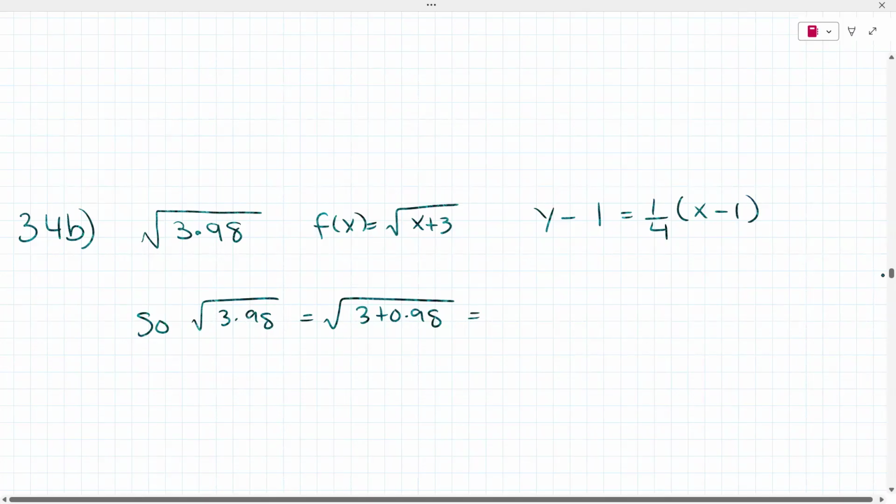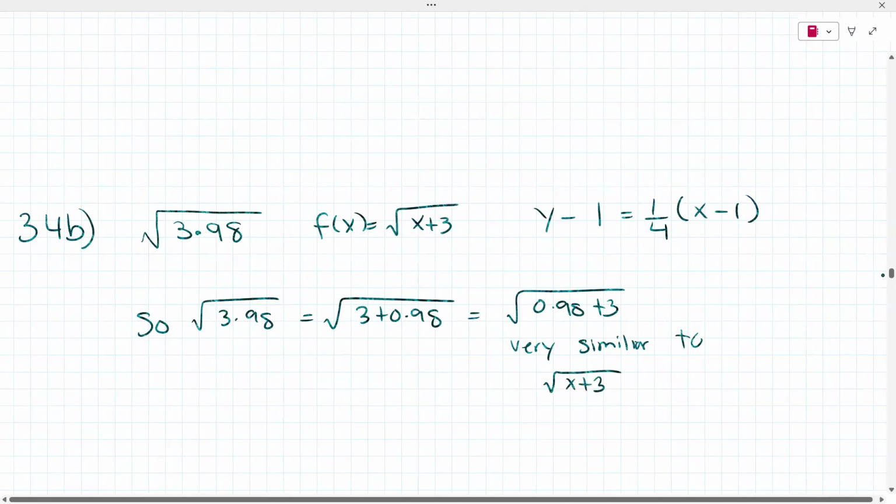That's also the same thing as square root of 0.98 plus 3, so it's very similar to square root of x plus 3.